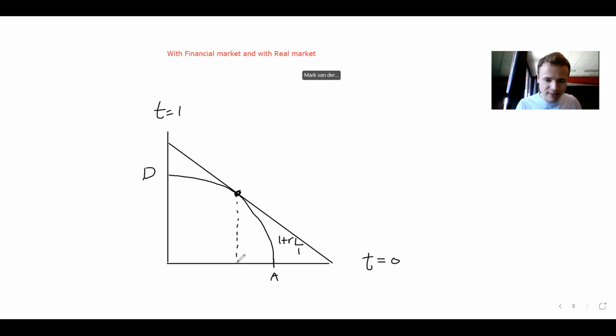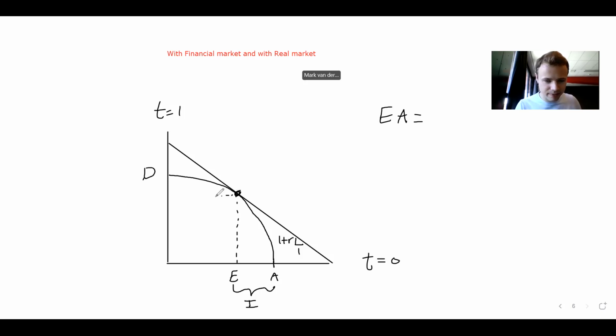And this point we call point E, and point E all the way to A. So this point here, that's your optimal investment. So let's say that this area is 100, then you should invest 100 euro.